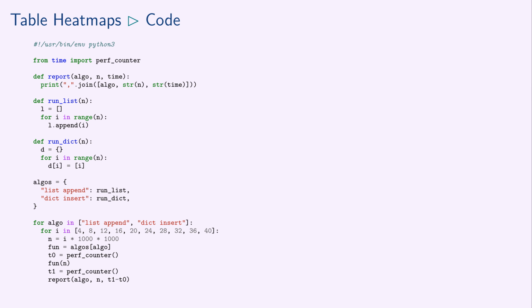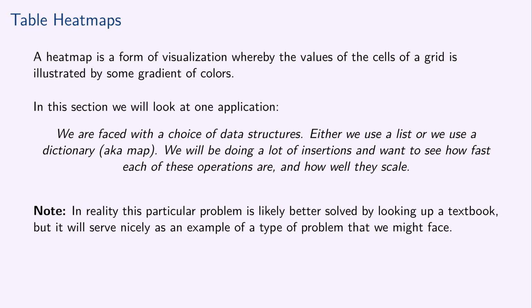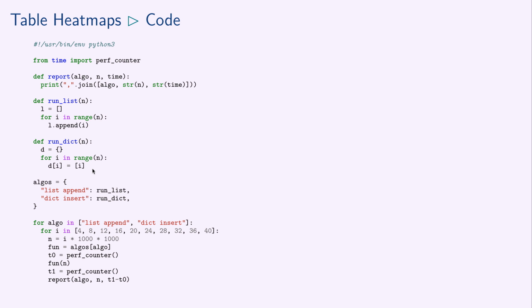So let's go back one here. Should we use a list or should we use a dictionary, aka a map? Python code here, and we have 2 algorithms. You don't have to understand the details of this code.